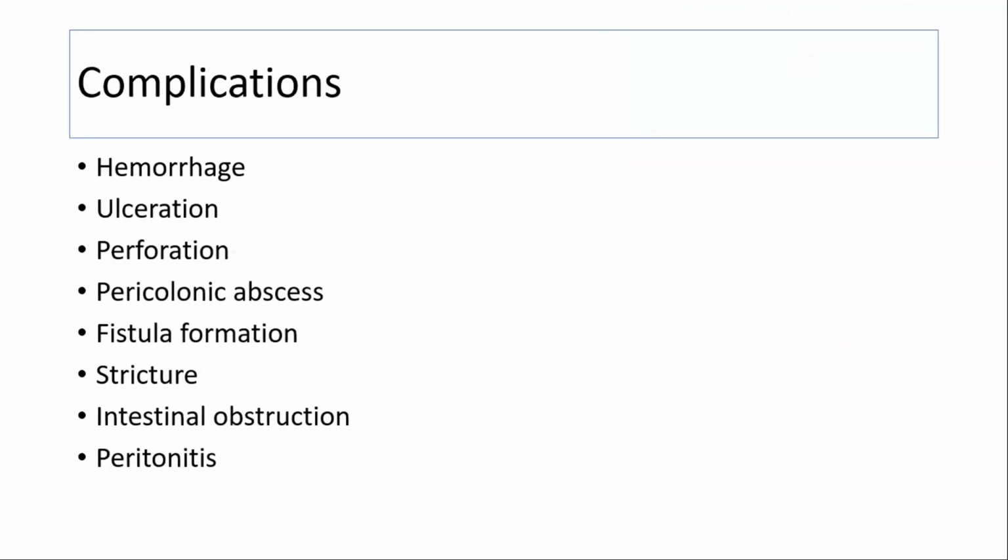So these are the complications of diverticular disease. They can ulcerate, they can perforate. The most common is hemorrhage, because as it outpouches through the muscularis propria, the muscle wall, the blood vessels are there, so they can easily hemorrhage.